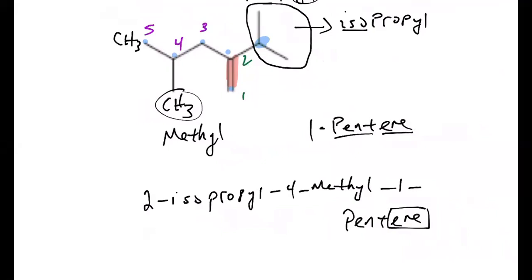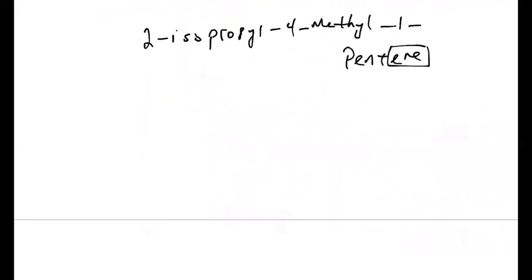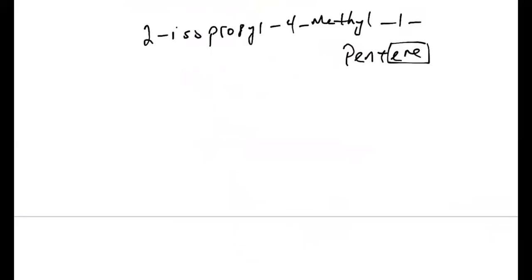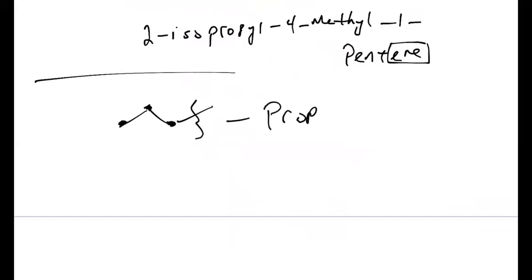So let me do it down here. Normally, if you have a 3-carbon chain like that, and it's attached to something as a substituent, so these 3 carbons right here are attached to some bigger unit, then this would be a propyl substituent.